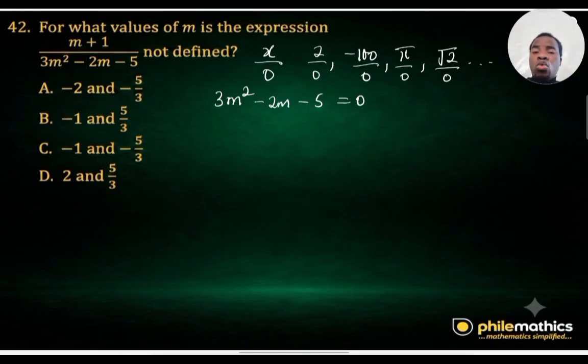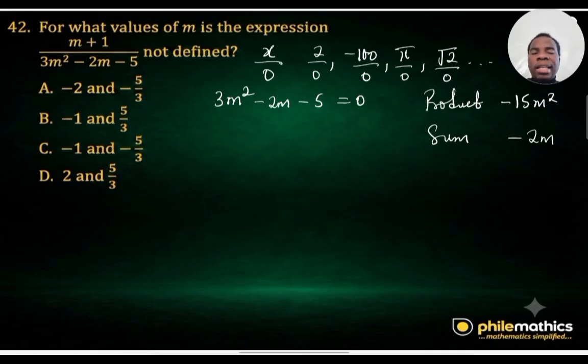You look for two numbers such that their product gives, if you multiply 3m squared and minus 5, minus 15m squared, and their sum gives minus 2m. You want to look for two numbers such that when you multiply them, you get minus 15m squared, and when you add them, you get minus 2m.